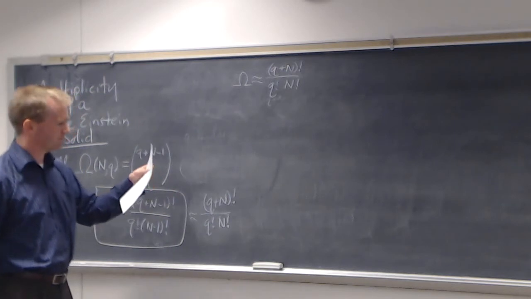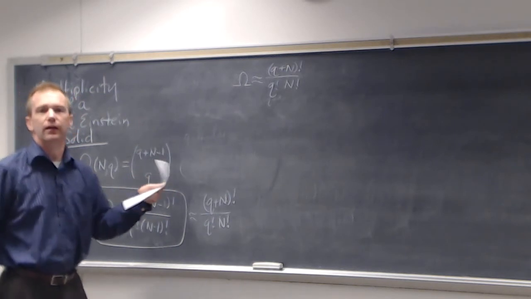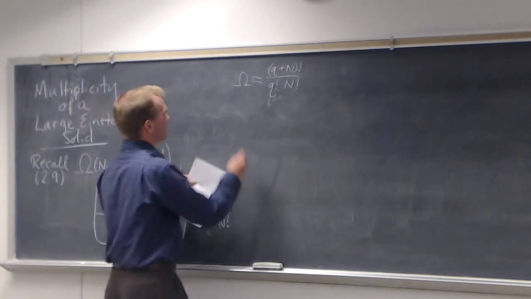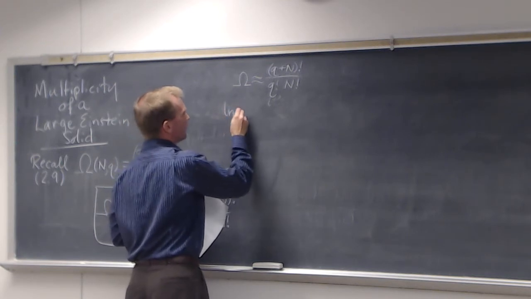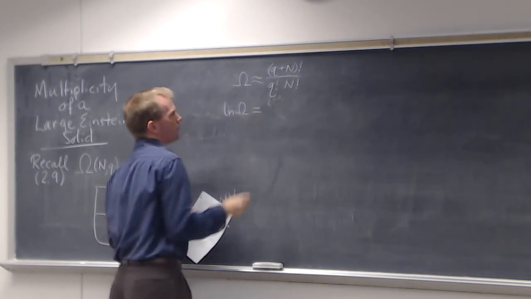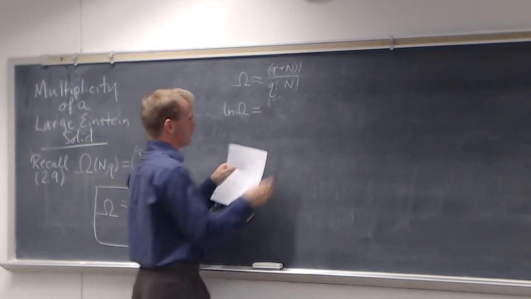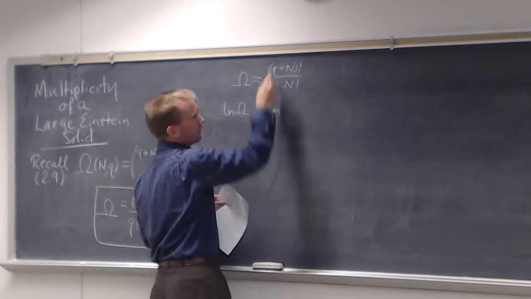Writing down what I've just done, that approximation. Let's take the natural log of both sides. So natural log of omega is natural log of this ratio.